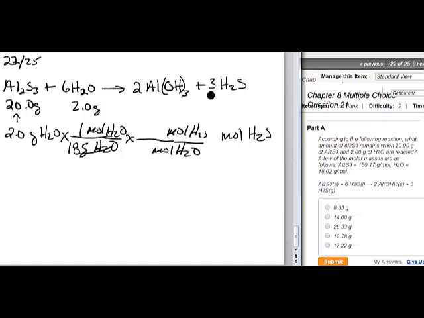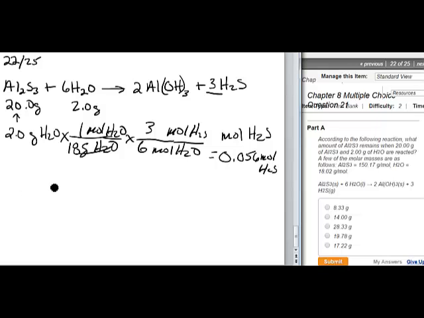From the stoichiometric ratio, 3 up there, 3 there, 6 here. So when I do that calculation, the amount of H2S I make is 0.056 moles of H2S.